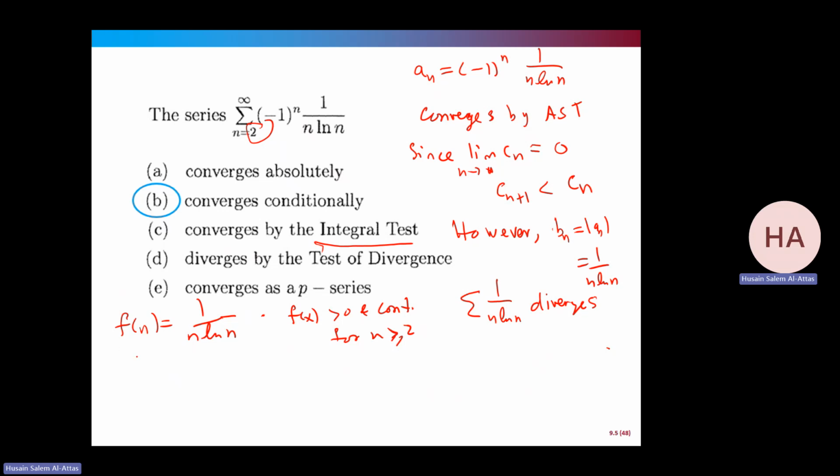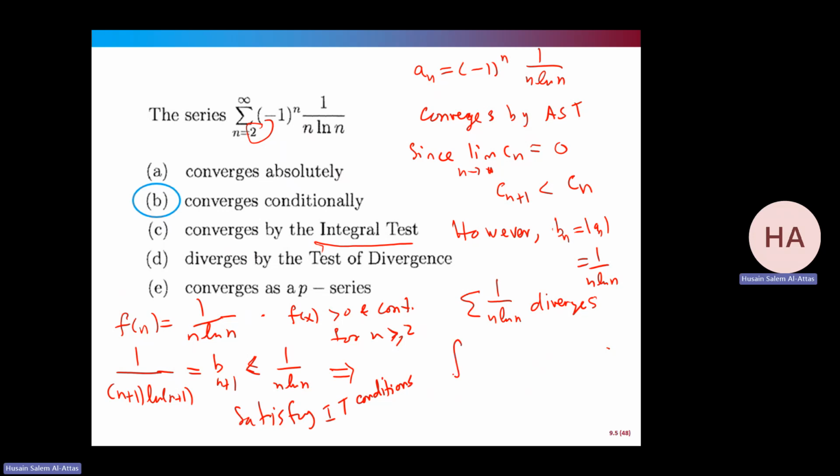I notice 1 over (n+1) ln(n+1), call it b_(n+1), is for sure less than 1 over n ln n, since you make the denominator bigger. So this satisfies the integral test conditions.